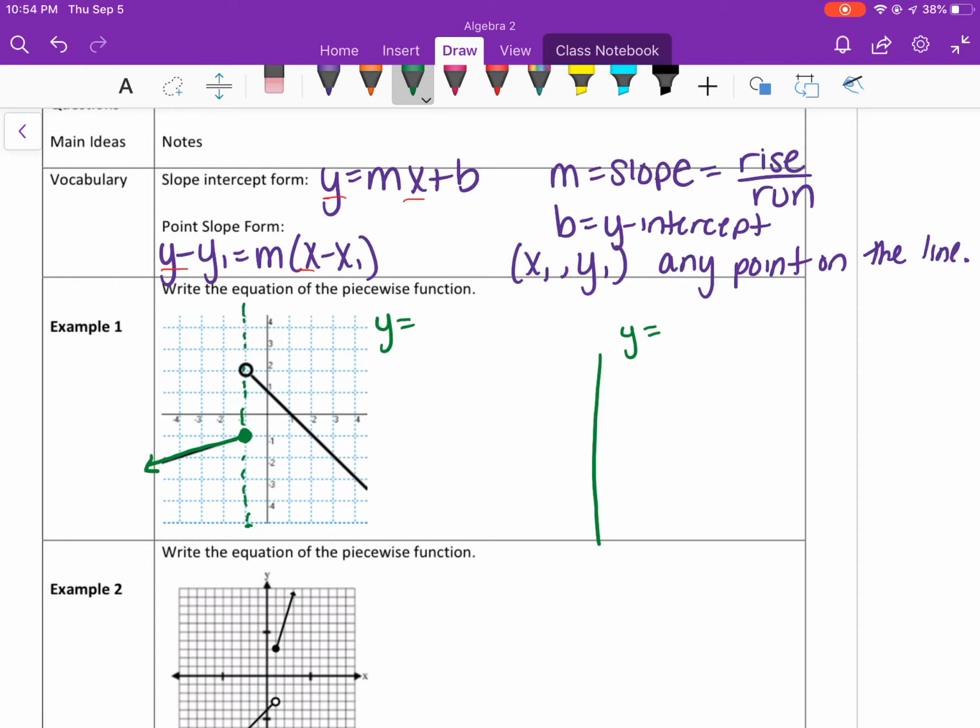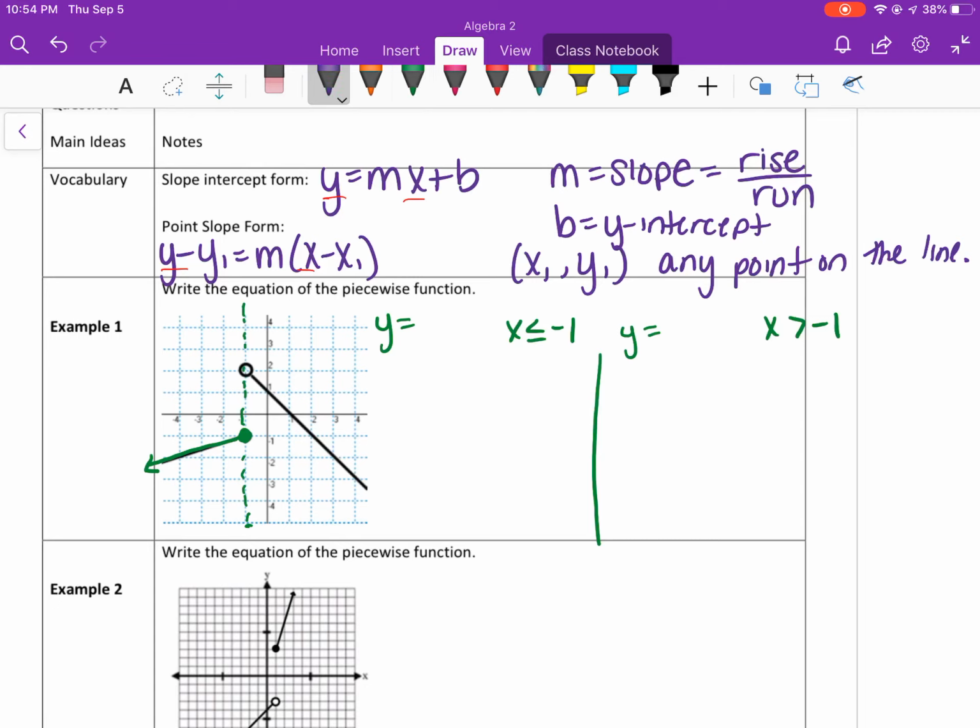So it's going to be y equals when x is less than or equal to -1. Because I'm going to the left of -1, so less than, and it's a closed circle, so I have the equal to. And then I'm going to need a y equals equation on the right for the other line, and that's going to be y equals some line when x is greater than -1. It's an open circle, so there we have just greater than.